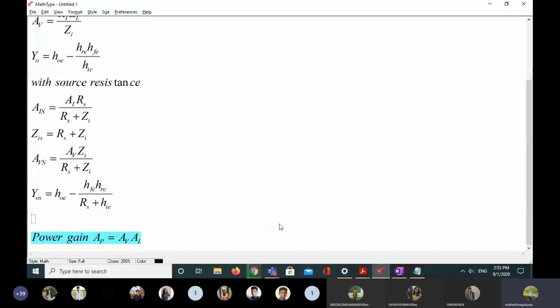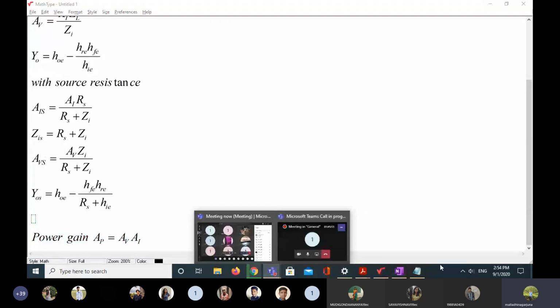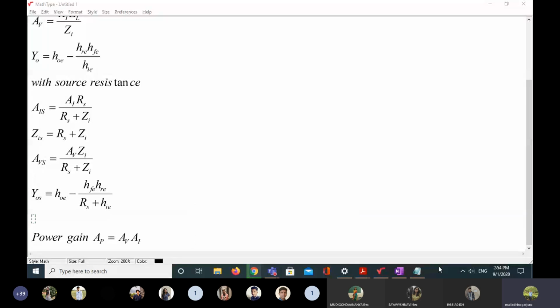Today we discussed analyzing only the CE amplifier using the exact model, and there is one more model for the analysis of the CE amplifier, the simplified model. We'll see that in the next class. The procedure: step one, connect the DC source to ground; second, replace all capacitors with short circuits; third, redraw the circuit and replace all active devices by the H parameter model; fourth, calculate current gain, voltage gain, input impedance, and output admittance with and without source resistance, and then calculate power gain.